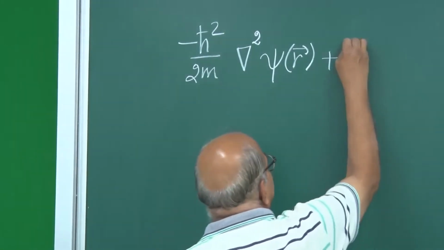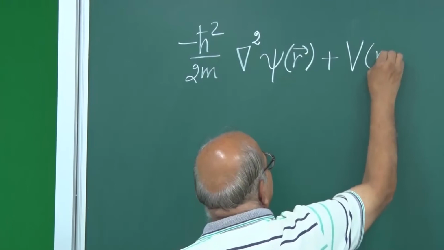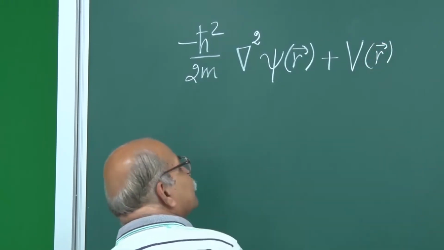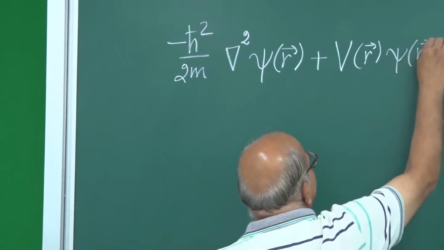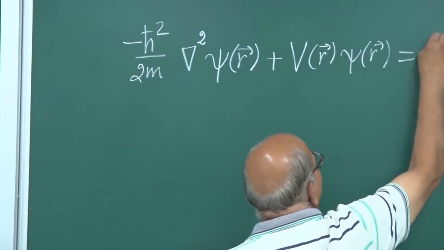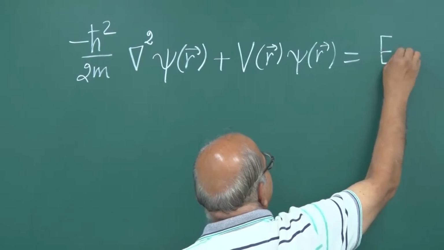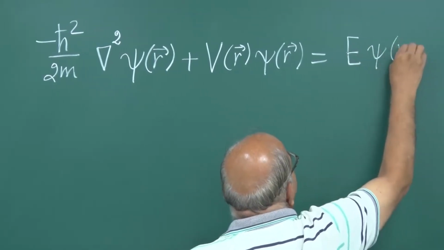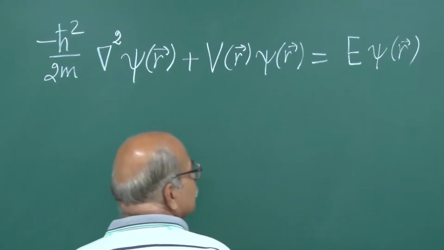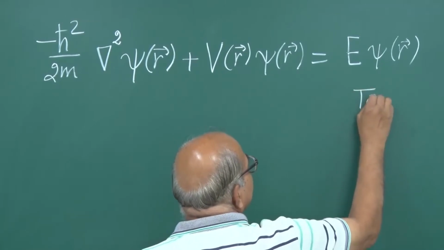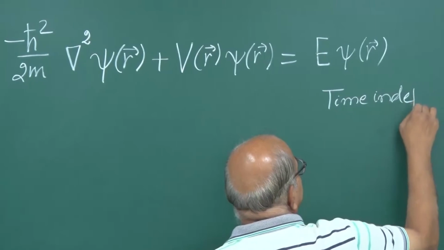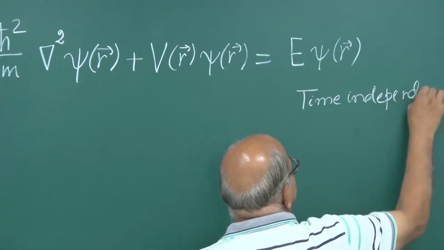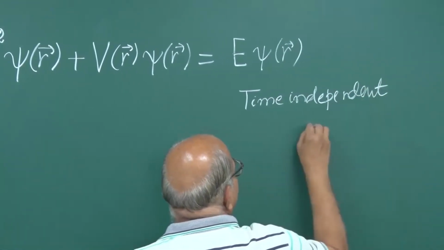People write V generally. V of the same position, and then psi of r, that is equal to E, this is energy, and then psi of r. This equation is known as the time independent Schrodinger equation.